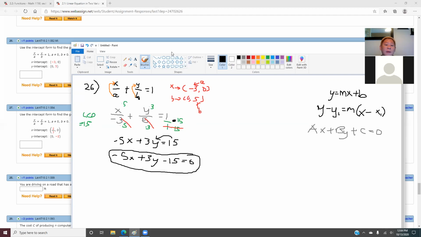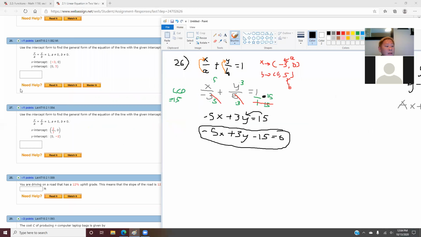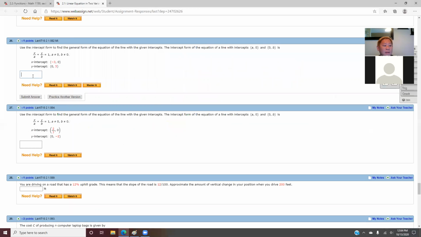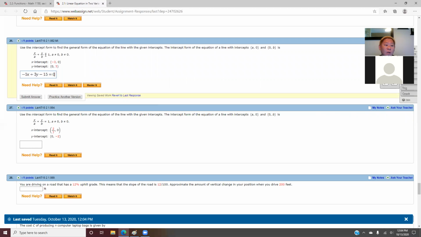Let me type that in and see if they take it: negative 5x plus 3y minus 15 equals 0. Before I submit this, I want to point out that your online homework is very picky with variables.